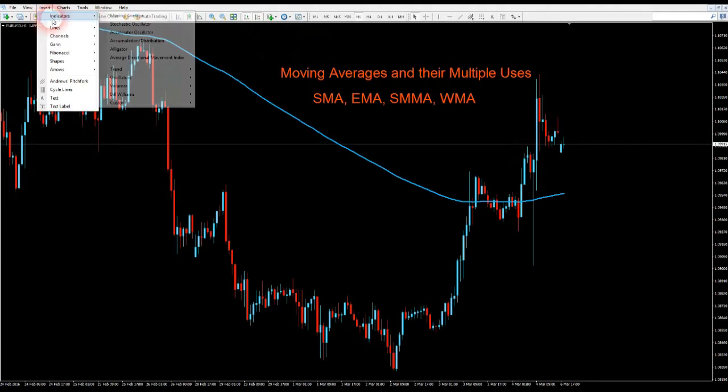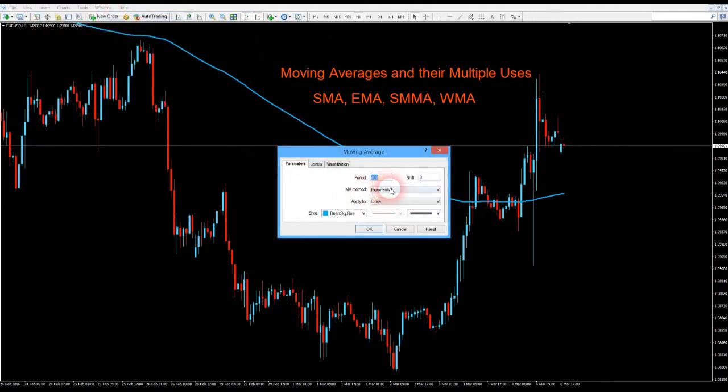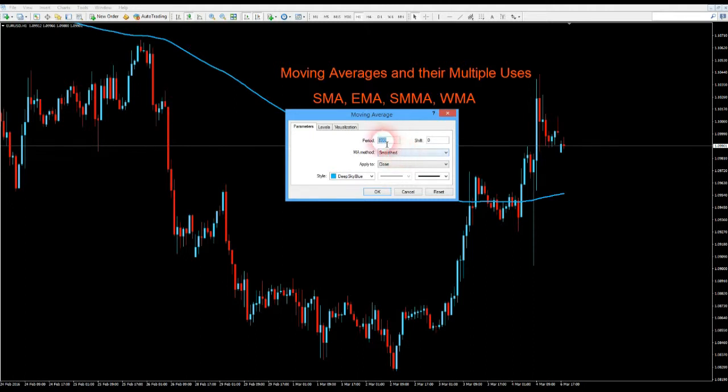And the next method, which is the smoothed moving average, we'll get back to the simple one. I want to talk about this because this one is basically useless if you understand the connection it has with the EMA.